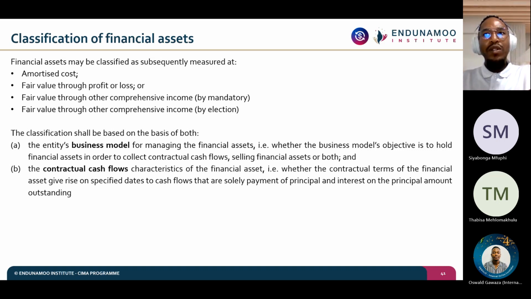Is the business model having an objective that is to hold the financial asset in order to collect the contractual cash flows? Or is the entity holding this financial asset to sell it within the short-term period to realize short-term gains? Or is the business model to collect contractual cash flows and also sell these financial assets?